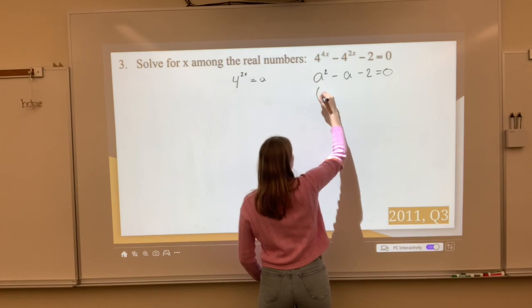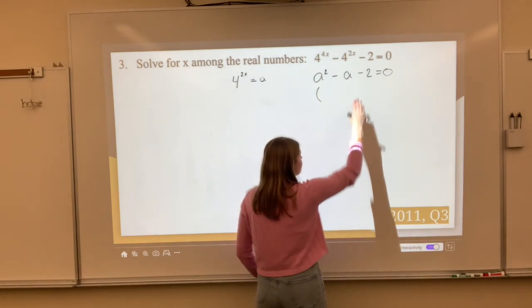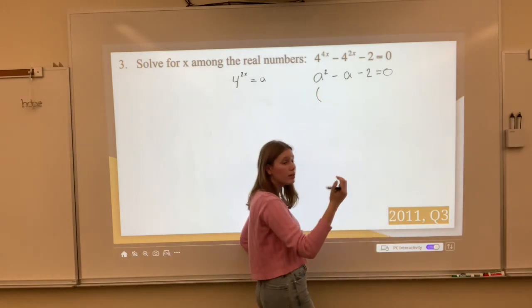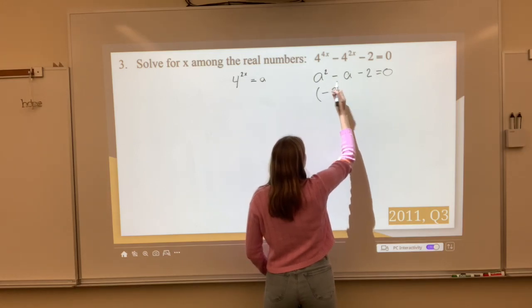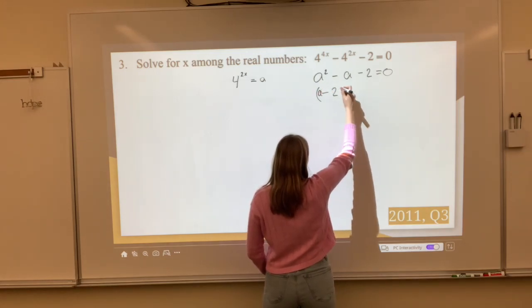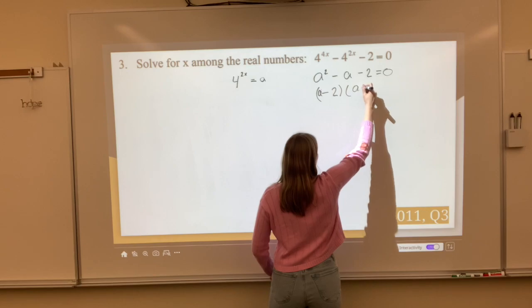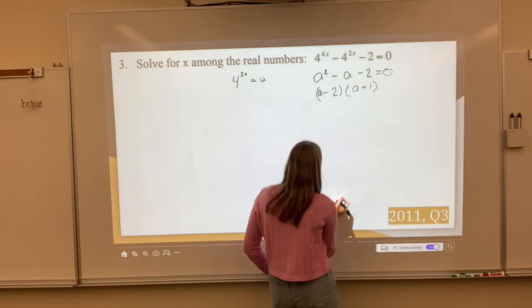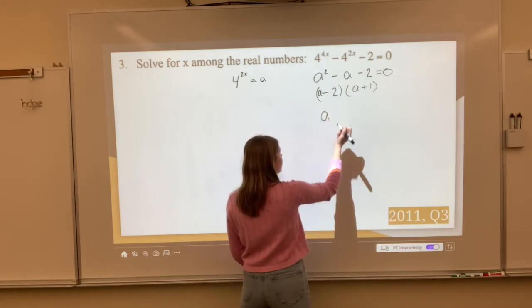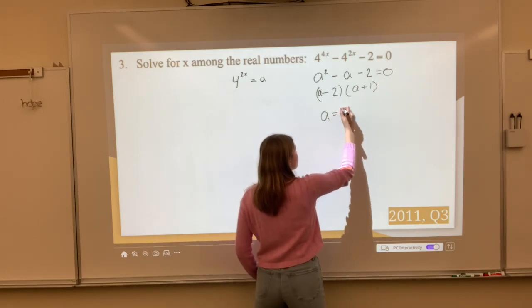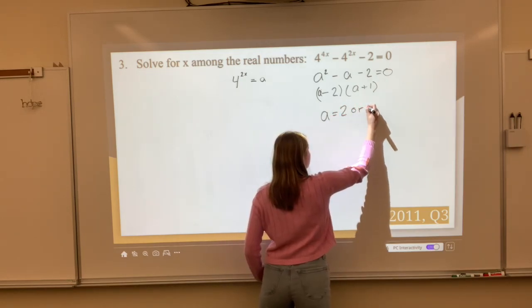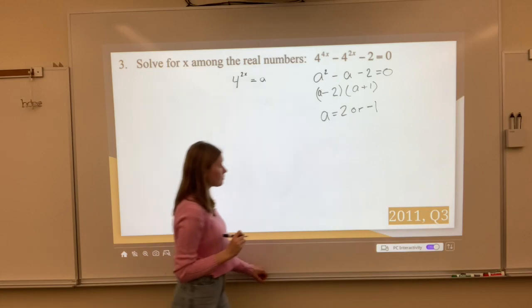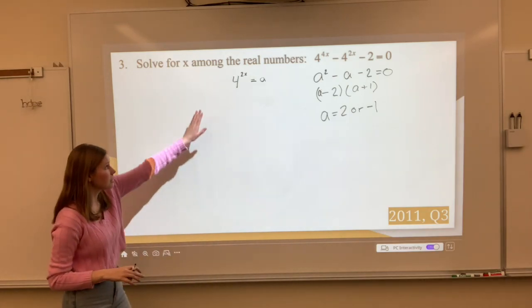Now, we can factor, okay, so things that multiply to -2 add to -1: a minus 2 times a plus 1. So we know that a is either equal to 2 or -1. So let's come back here.